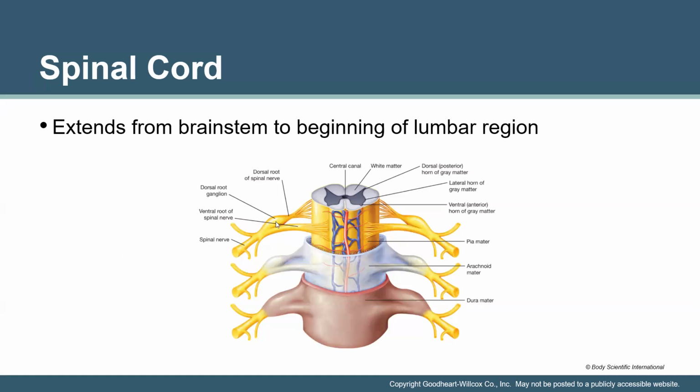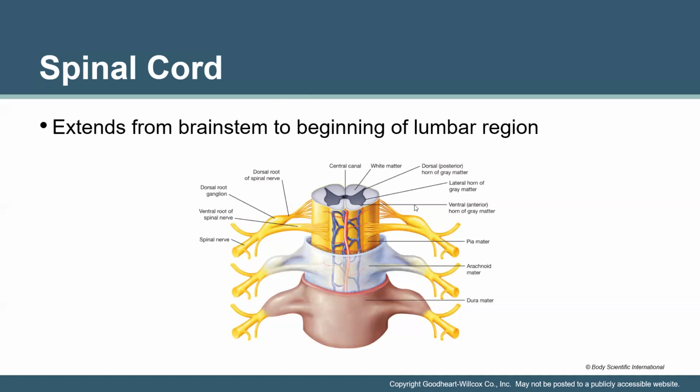So that's like a ball of synapses and connection points. After it leaves there, it will commune with ventral roots from the ventral portion. When they combine, they will actually form the spinal nerve. The spinal nerve is what will exit in between your vertebra and go to a particular part of your body.